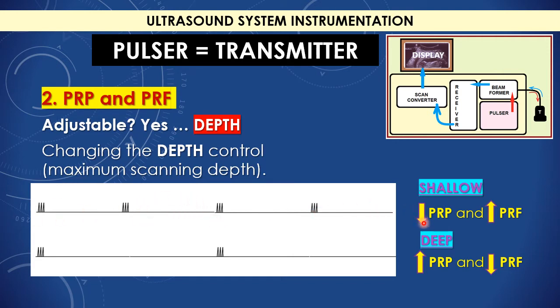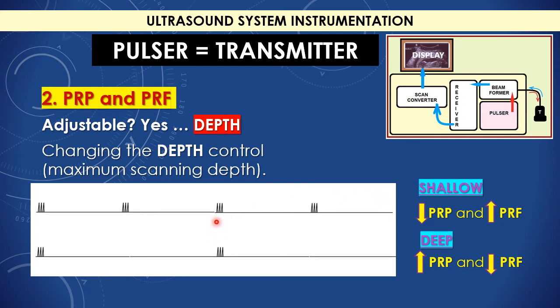So I'm getting short PRPs, the time from the start of the pulse to the start of the next pulse. The PRP will get shorter, and I can get more of the pulsations, what we call the PRF. So shallower, I get less PRP, more PRF. We know that PRP and PRF are reciprocals, right?